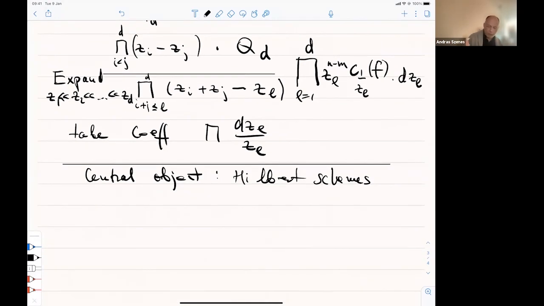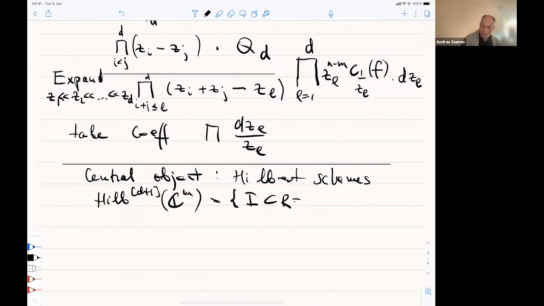So I take a local part of M. I look at the Hilbert scheme of D+1 points in C^M, which are just the ideals in R, which is a notation I introduced for polynomials in our M variables, those local coordinates that we had before, of codimension D+1. So this is the Hilbert scheme of D+1 points.